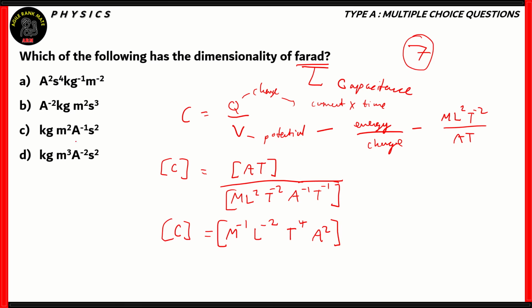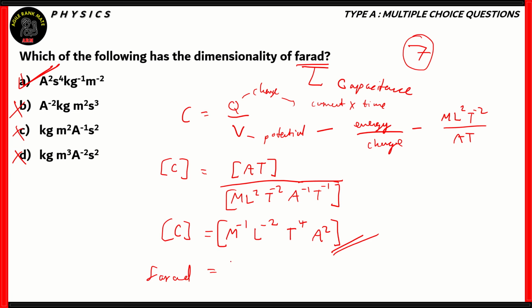So if you look at our question, you can see that there's only one option with A squared, and that is option A. So therefore, option A is the correct answer. So just by reaching here, you can get to the answer, but if you want to get it according to the options, you can write farad and then convert all the components here into their SI units.